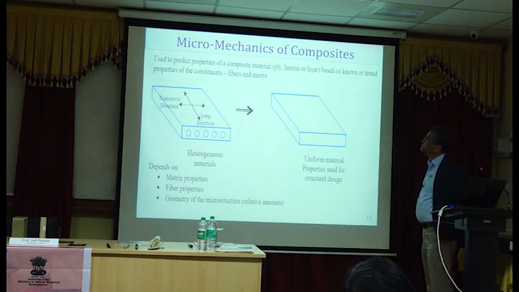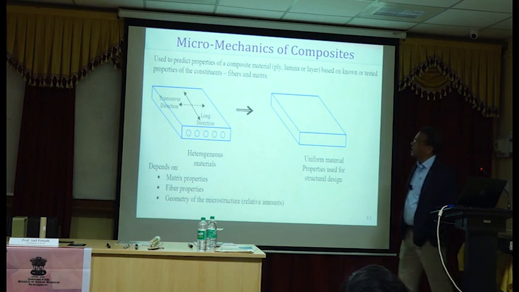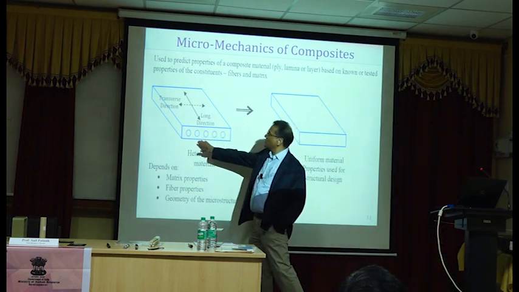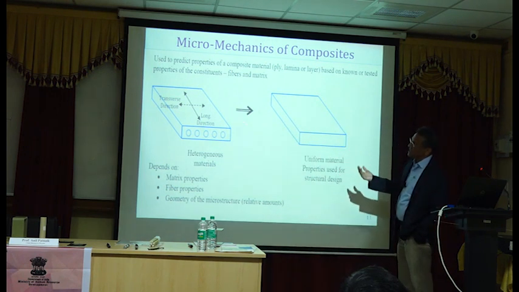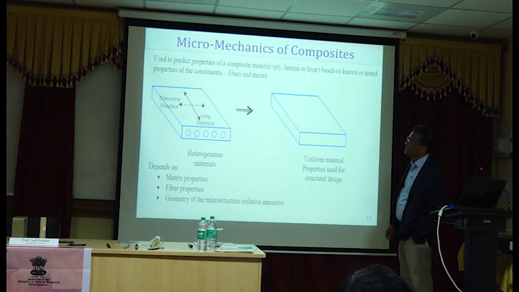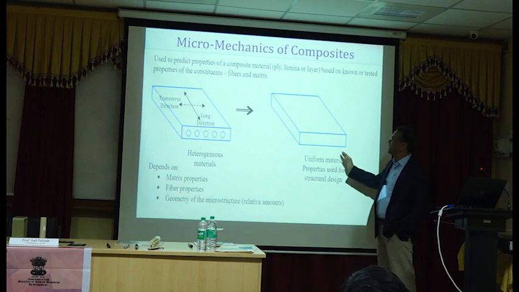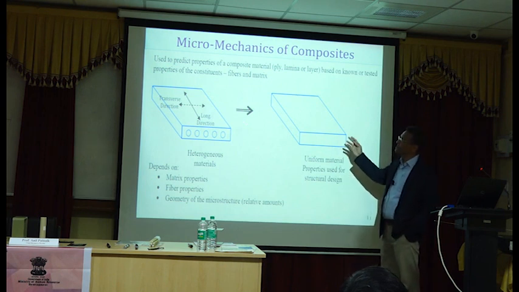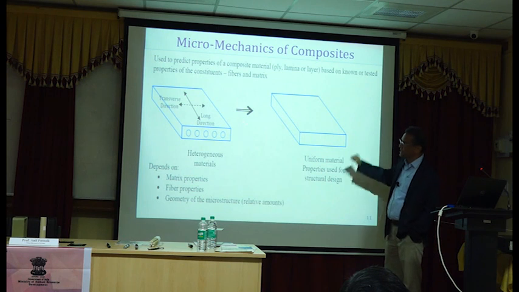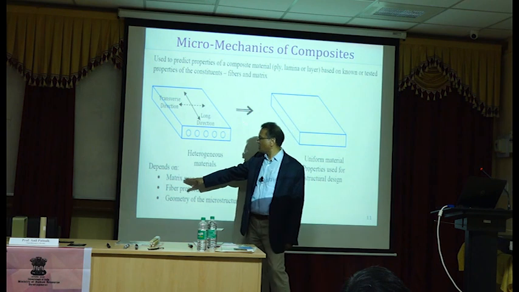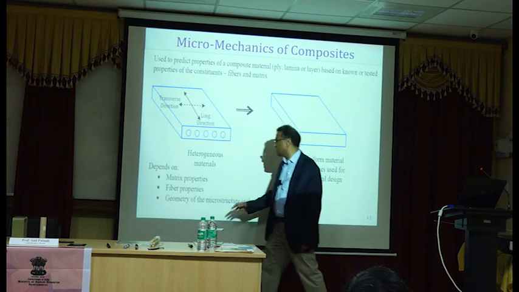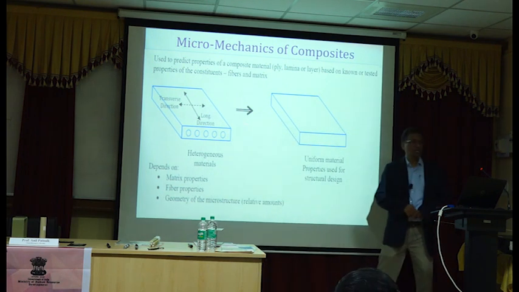So if you have a known set of properties for fiber and for matrix, those are obviously heterogeneous materials, two different types of materials. We will convert it to uniform material without differentiating between fibers and matrix. Obviously the conversion will depend on matrix properties and fiber properties, of course the geometry of the microstructure.